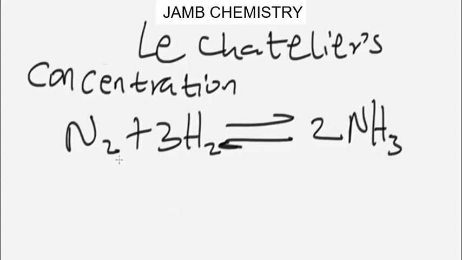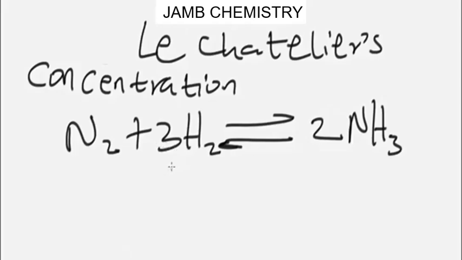Okay, so if you add more of the nitrogen molecule and hydrogen molecule at the left reactant side, the forward reaction will increase to produce more ammonia. So an increase in the reactants on the left hand side of this system will cause the equilibrium position to shift from the left to the right, favoring the forward reaction, and vice versa.